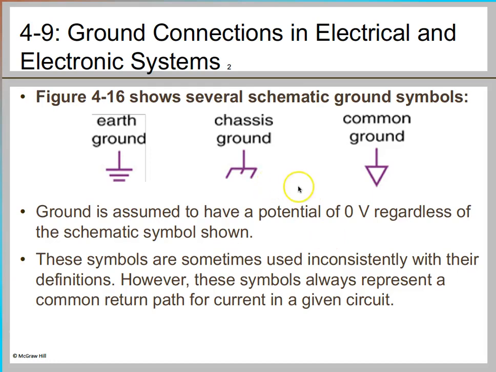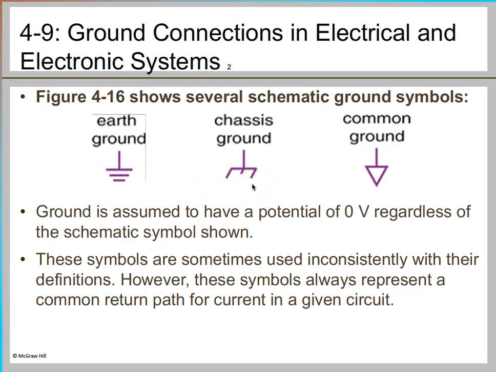Here are several schematic ground symbols. These are the different symbols you can use. This is earth ground, which is a common form of equipotential node, but not as big as earth.